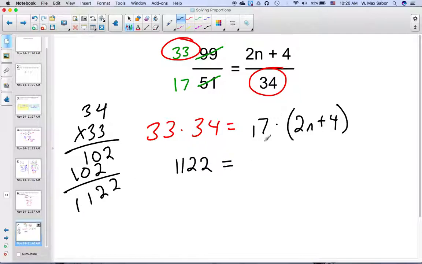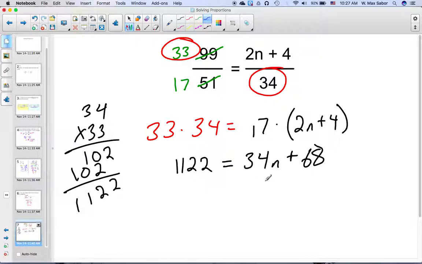So 1122 equals 34n plus 17 times 4. 17 times 4 is 68.